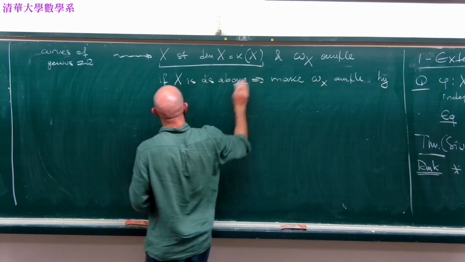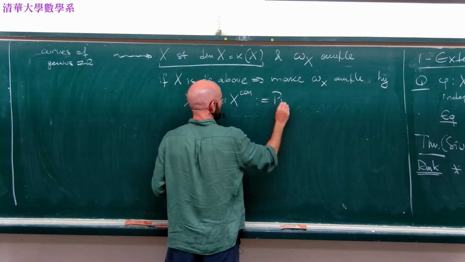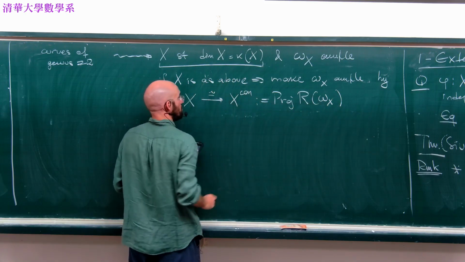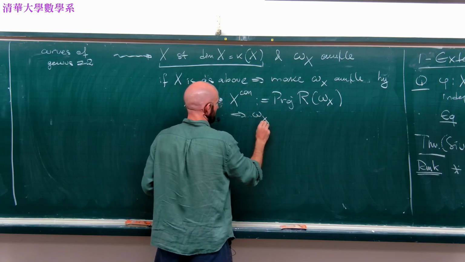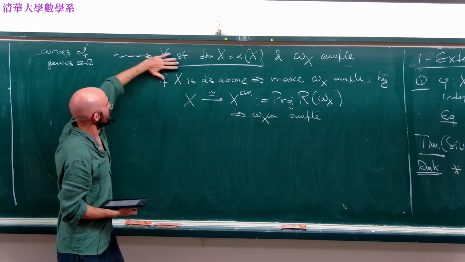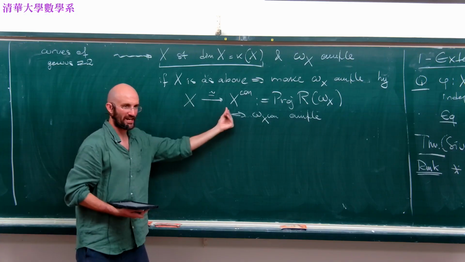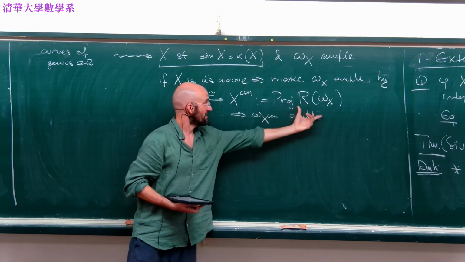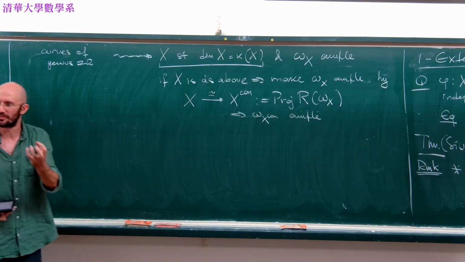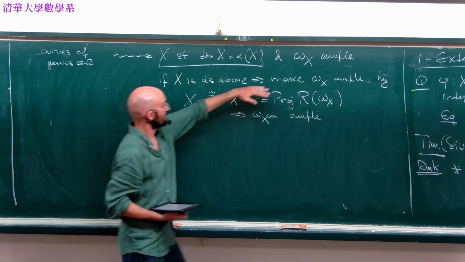So if you have a variety with maximal Kodaira dimension, and you take X_can, the canonical model, which is just Proj of the canonical ring, then omega_{X_can} is ample. So even if you start with any variety with maximal Kodaira dimension, you can always make a birational transformation that makes your canonical divisor ample. Okay, so you are selecting the good birational representative in its birational equivalence class that realizes this condition.